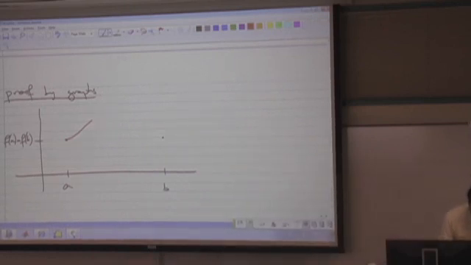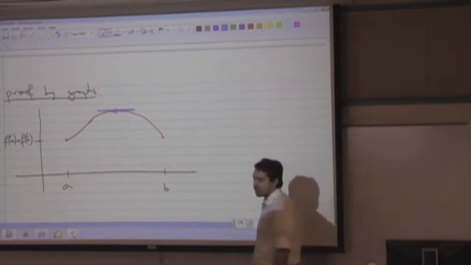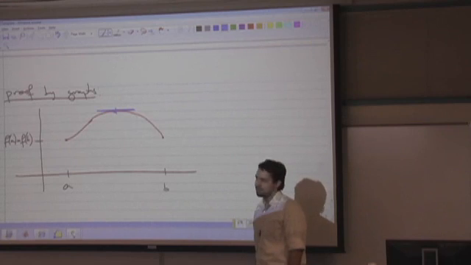Well, I just found my point C, where my first derivative is 0. Is everybody seeing this? That's the proof by graphing.